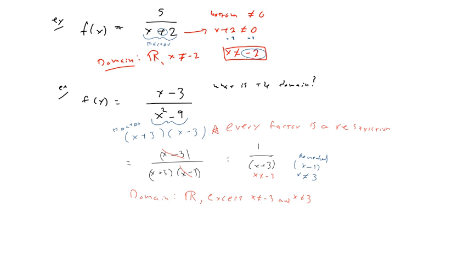We still have to remember it. Okay. So that's one way to restrict domains. There were two. Variables on the bottom is one.